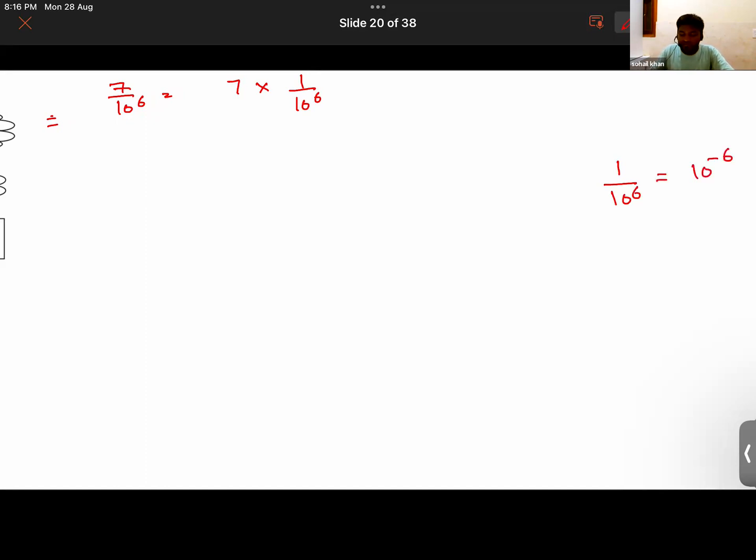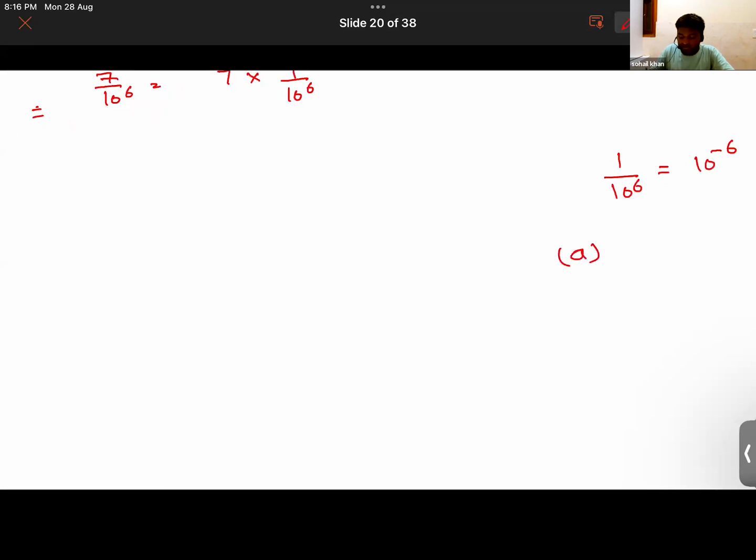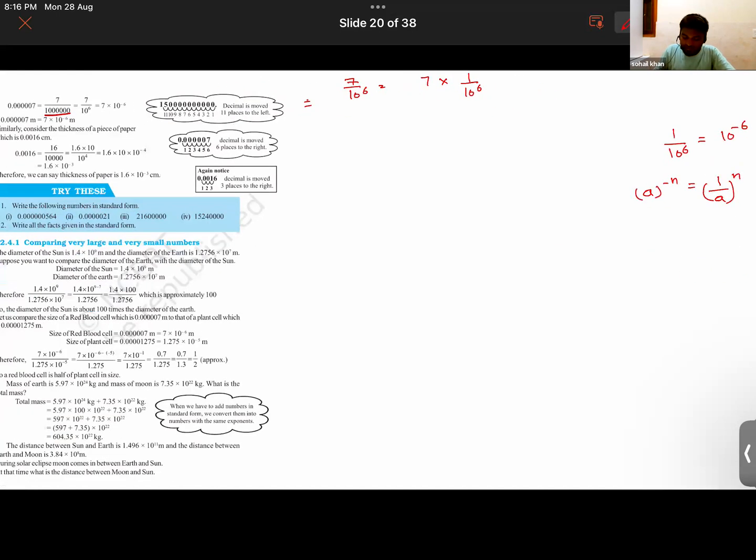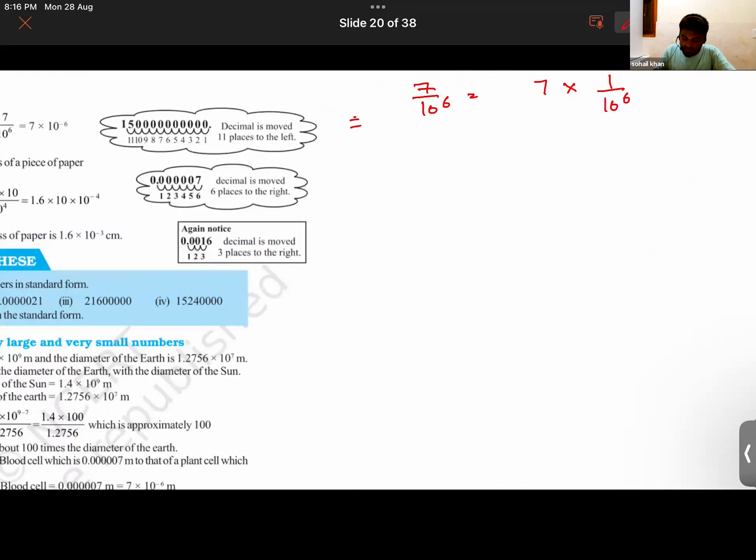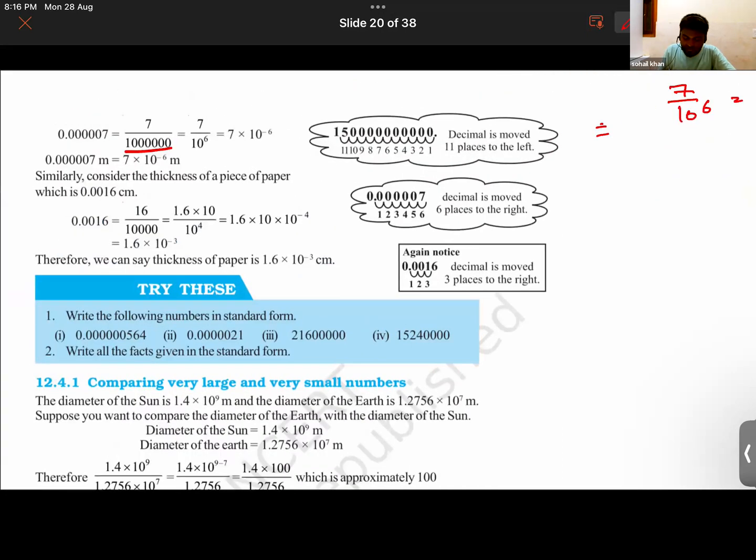As per the law of exponents, a raised to the power minus n is simply 1 upon a raised to the power n. So 7 upon 10 raised to the power 6 will be 7 into 10 raised to the power minus 6 meter here.